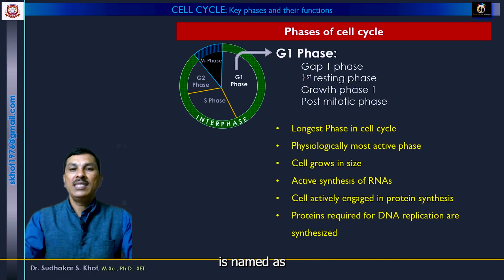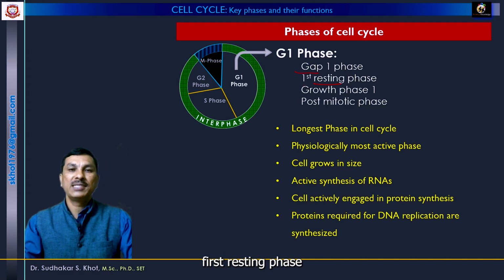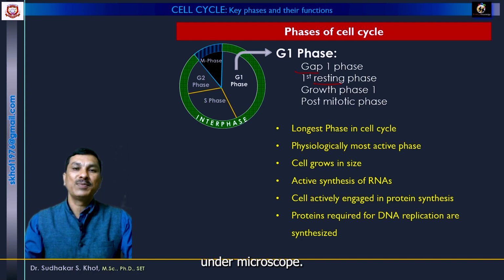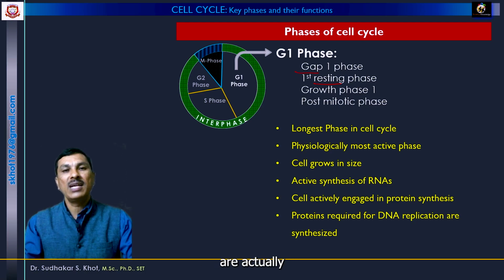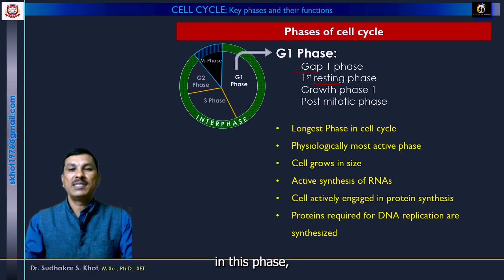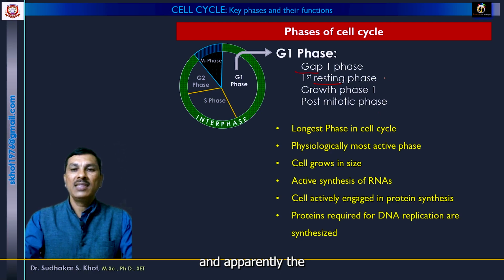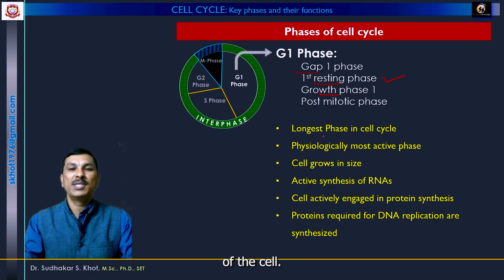The G1 phase is named the first resting phase because the activities in the nucleus, the activities of the chromosomes, are not visible under the microscope. Newly formed chromosomes are actually diffused in this phase and apparently the cell is taking rest. In fact, the cell is growing in its size and this phase is responsible for the growth of the cell.